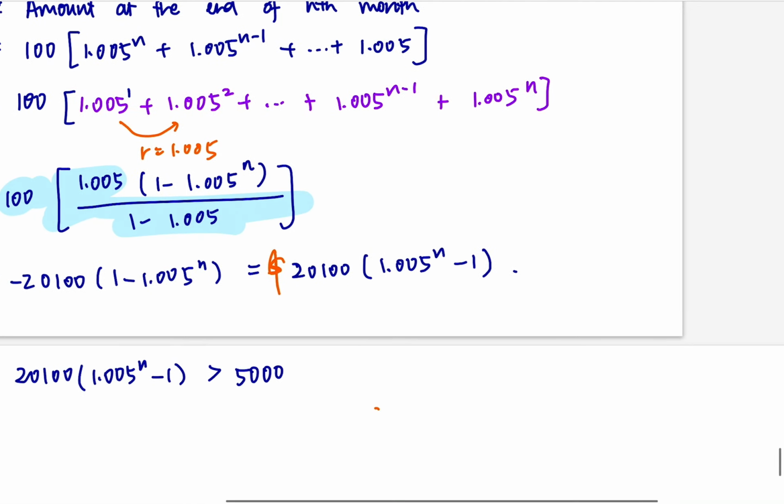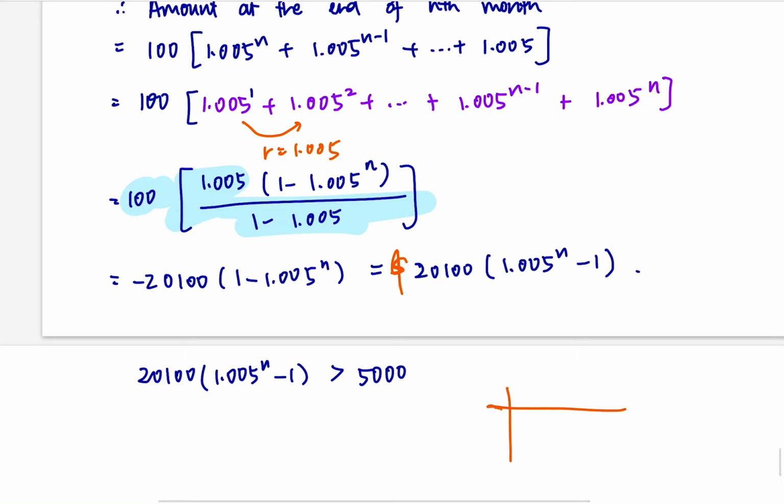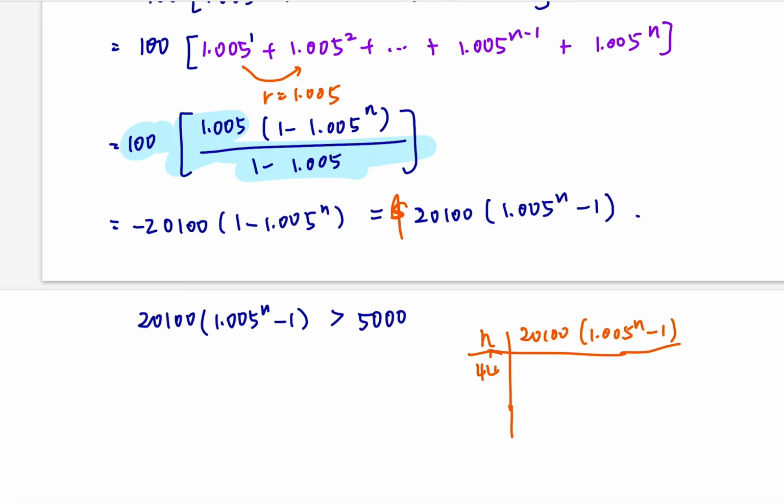So if you do the table, I'm just going to present the workings on the side. Then you have n. Okay, now generate the table yourself. You should be able to observe for these few values. Okay, and then do write out the corresponding value.